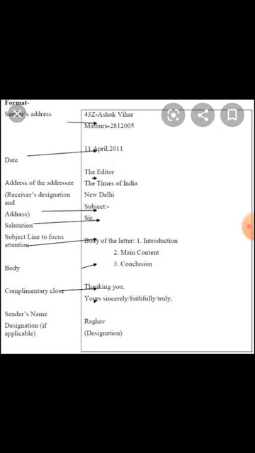His or her address should be at the top on the left hand side. Then we leave one line, that is a space, and we write the date. The date should be written in proper format. Then below that we write the receiver's address, the addressee's address, meaning to whom we are writing.